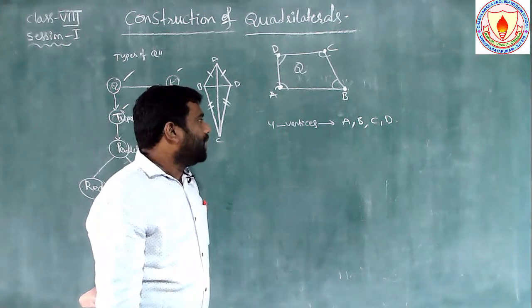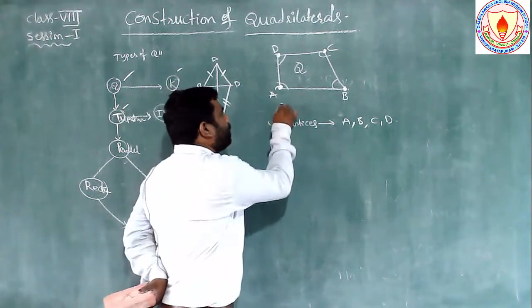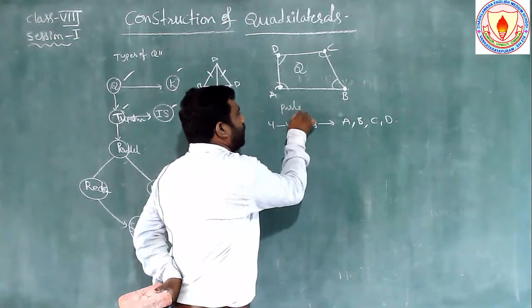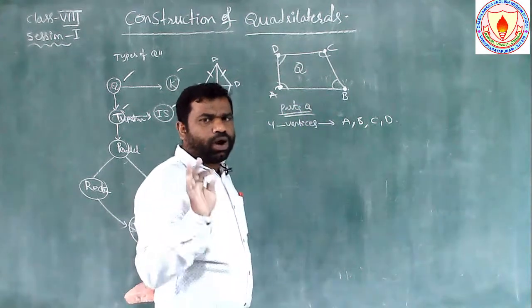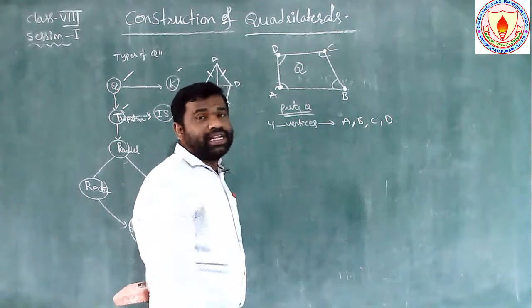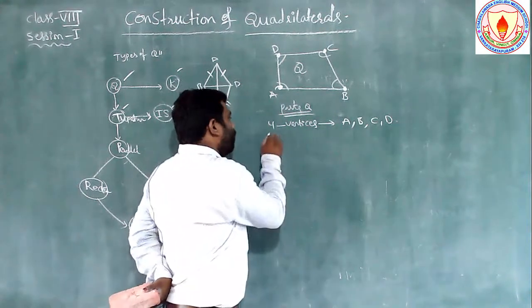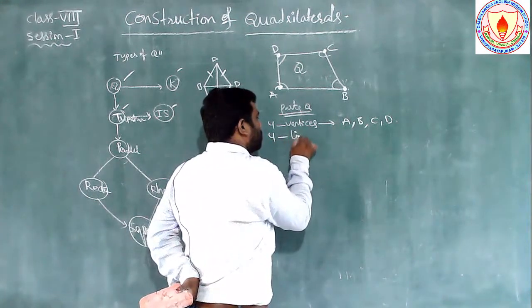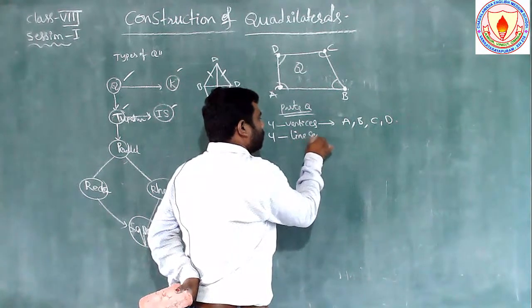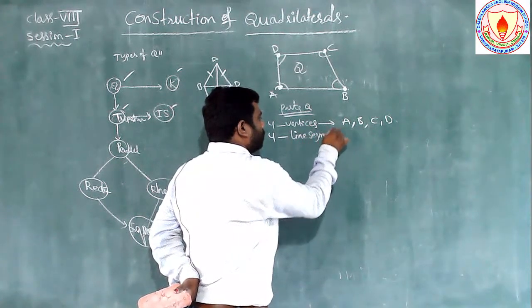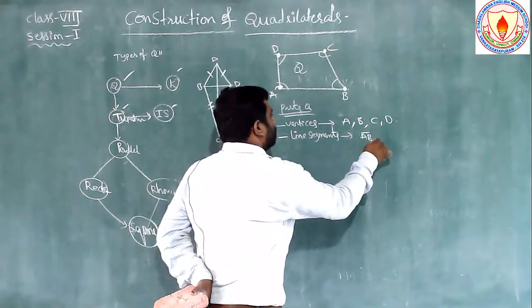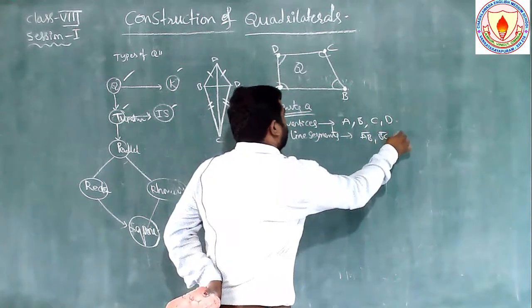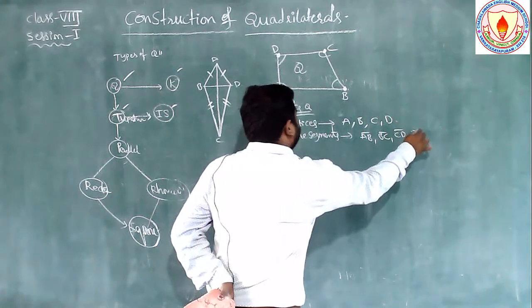These components are the parts of the quadrilateral. Next, four line segments: AB, BC, CD and DA line segments.